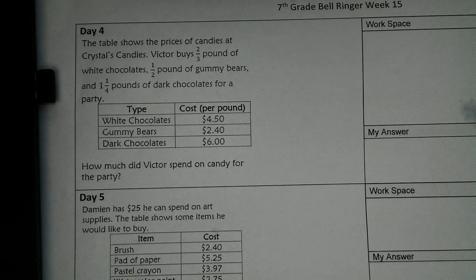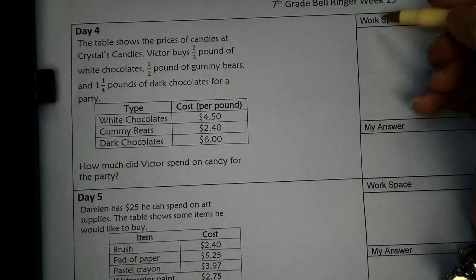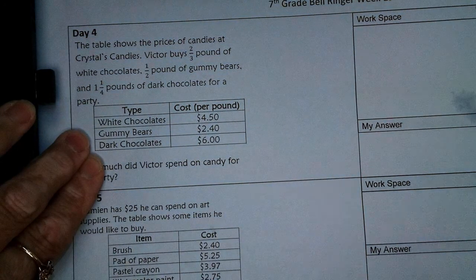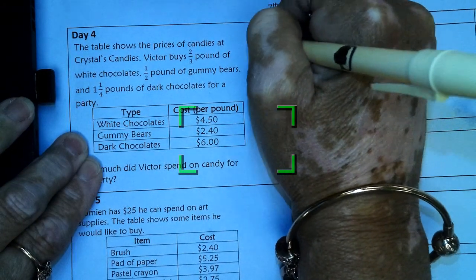Come on, guys. What do we need to do? I'm assuming multiply. Yes. So take the white chocolate, which is $4.50, and multiply it by 2/3.